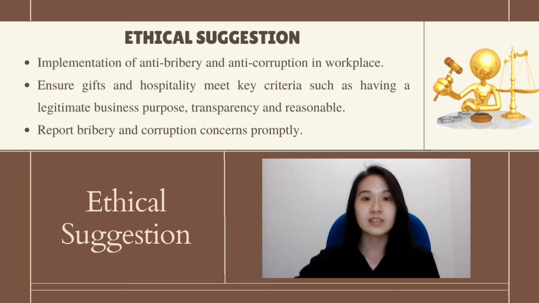The company needs to provide regular bribery training to maintain awareness. Alongside with training, establish processes that help employees to remember the do's and don'ts such as checklists and travel guidelines.